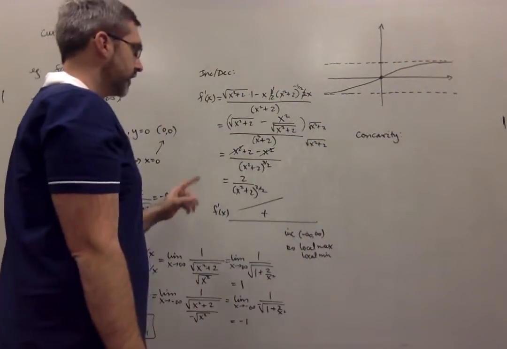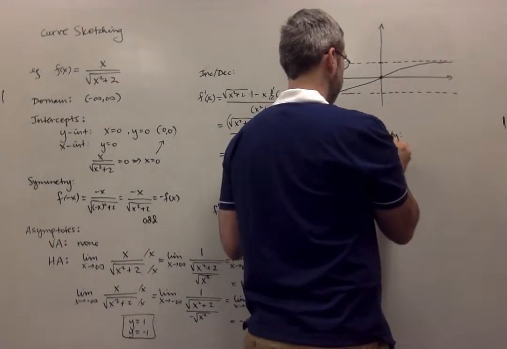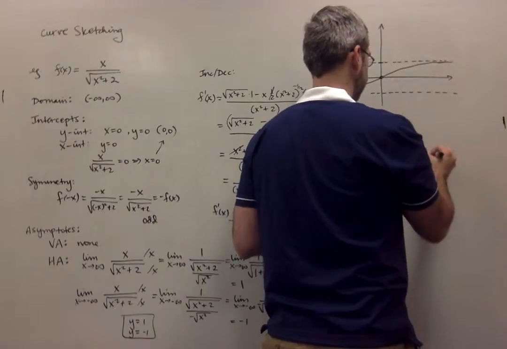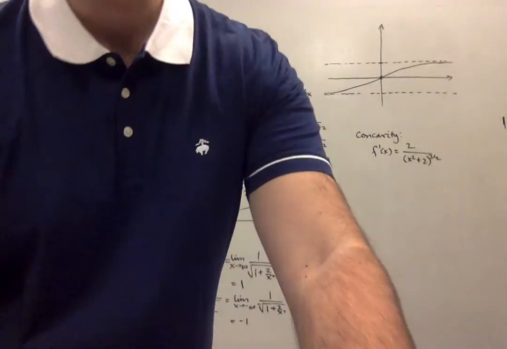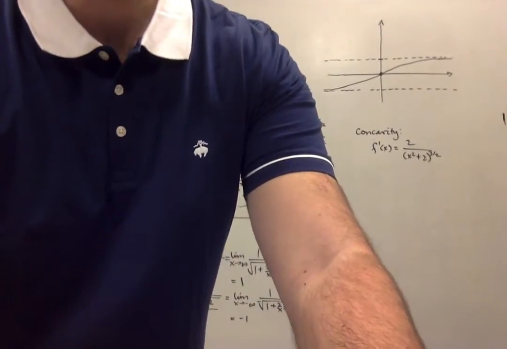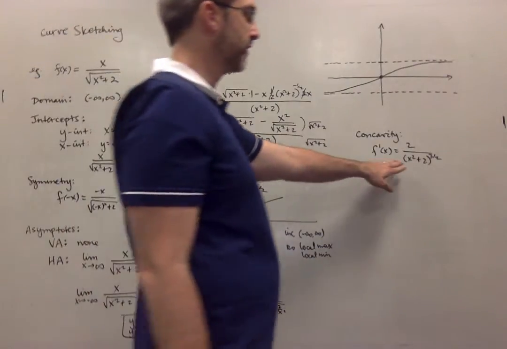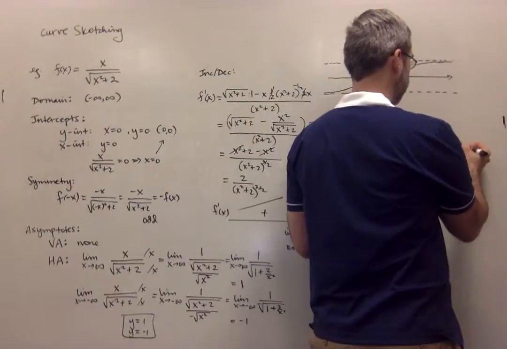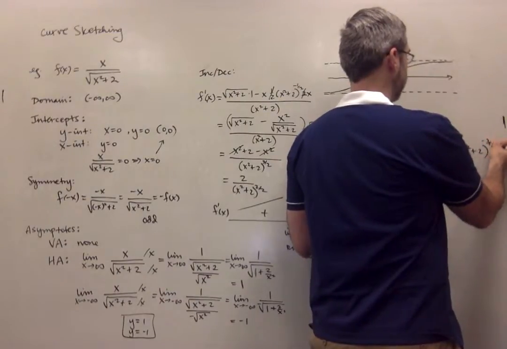In order to check that, actually, you all know that I hate using the quotient rule, even though that might not seem that way because I keep giving you quotient rule examples. But one of the things we're going to do here is try to get this in a better form, so in differentiating, I don't have to use the quotient rule. I'm actually going to write this as 2 times x squared plus 2 to the negative 3 halves.